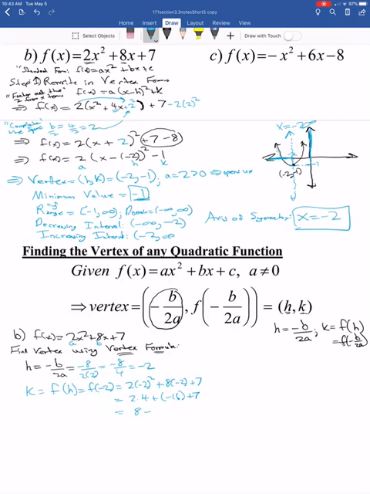So I got 8 minus 16 plus 7. Negative 8 plus 7 is negative 1. There's k. So there's h, and here's k. So our vertex is that ordered pair, negative 2, negative 1. And again, with a being a value of 2, greater than 0, we knew our parabola opens up.